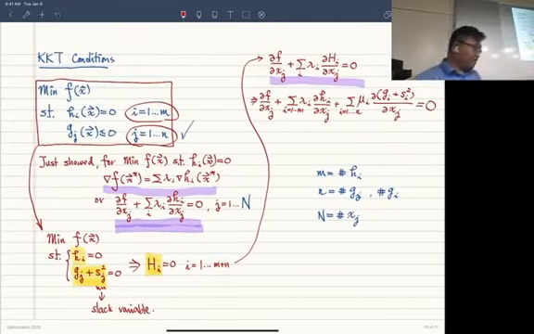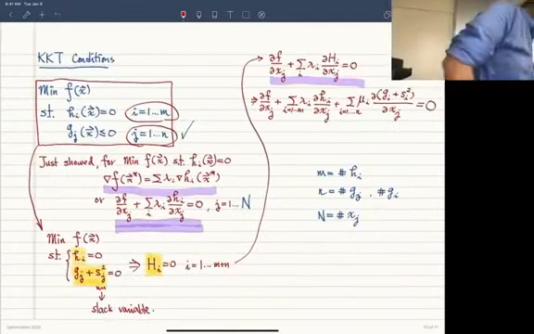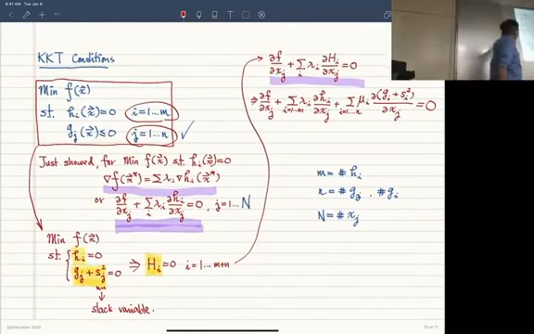Because originally we have a bunch of x, but we convert to this, we just introduce several s.